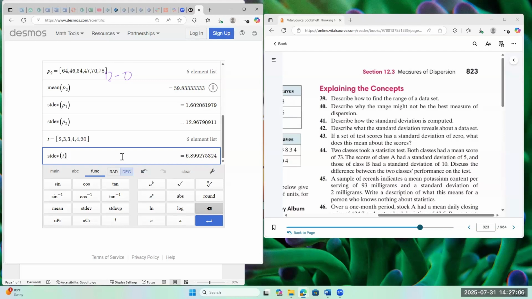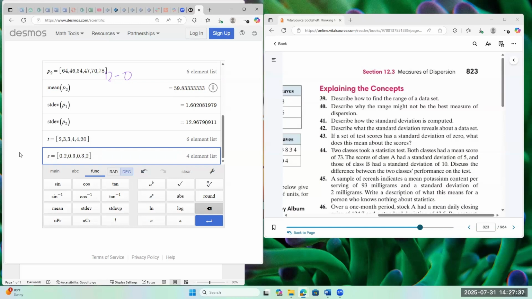Another way of thinking about it is that it just gives us the difference between the smallest and the largest. So let's look at this data set T again, and then I'm going to have a data set S. Now these data points are going to be 0.2, 0.3, 0.3, and then 2.